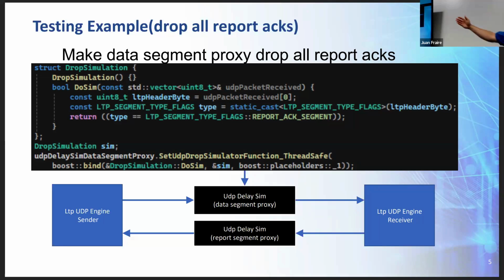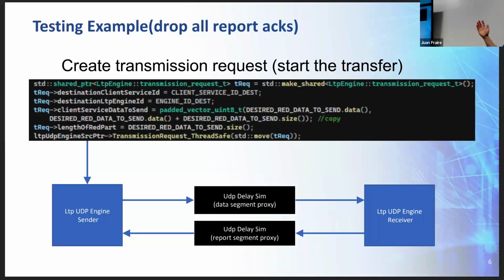Let's say I want to drop all report acknowledgement segments. The function's going to look at it and see, is it a report ACK? If it is, we're going to return true, and our UDP delay sim is going to drop that packet. You can do all sorts of fancy things with this, such as rearrange packets, but for this example, we're going to keep it simple.